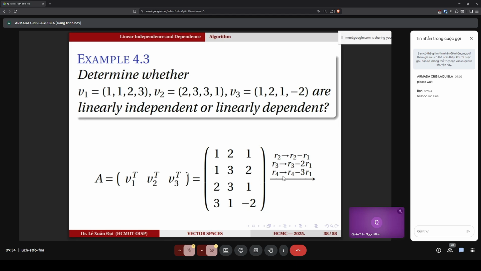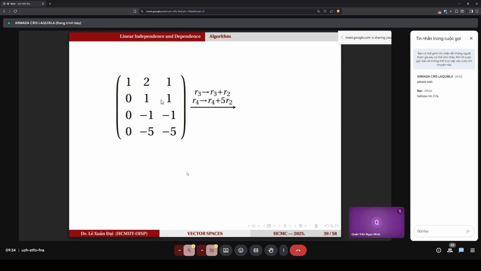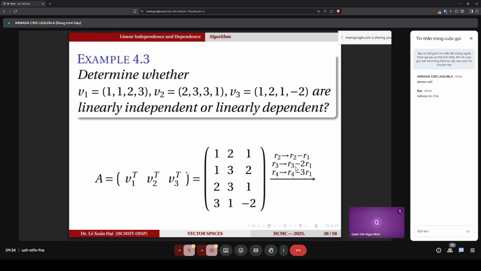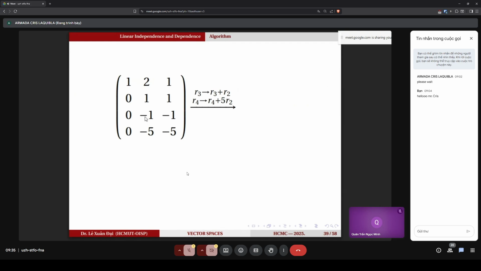Next, you multiply -2 in row 1, all of that, and then add it to your R3 to get the new R3. So -2 here, this becomes 0, -2, so that becomes -4, plus 3, it's -1. Then multiply this with -2. -2 plus 1 here, it's also -1. So 0, -1, -1.